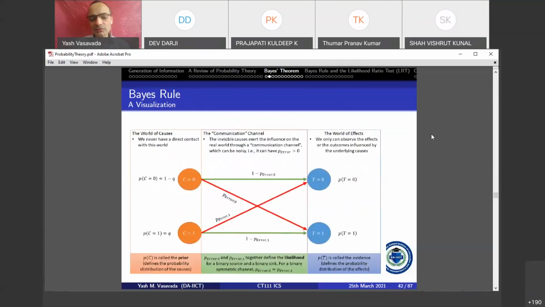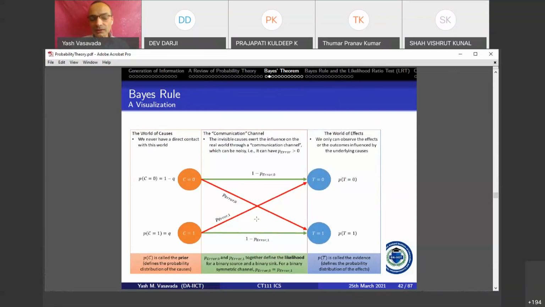And that is a way to think about many of these problems related to joint probabilities and conditional probabilities. Specifically, in the case of Bayes theorem, one way that sometimes helps formulate these problems is to think of the situation as underlying causes that influence the outcomes, right?